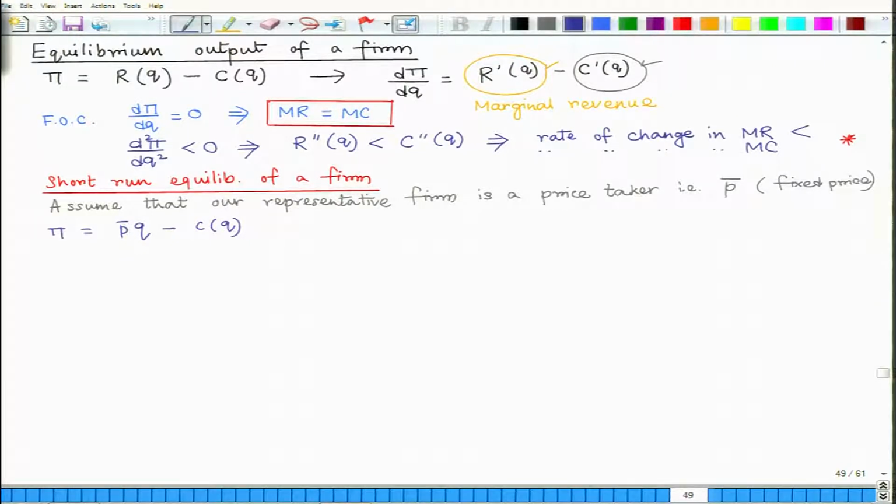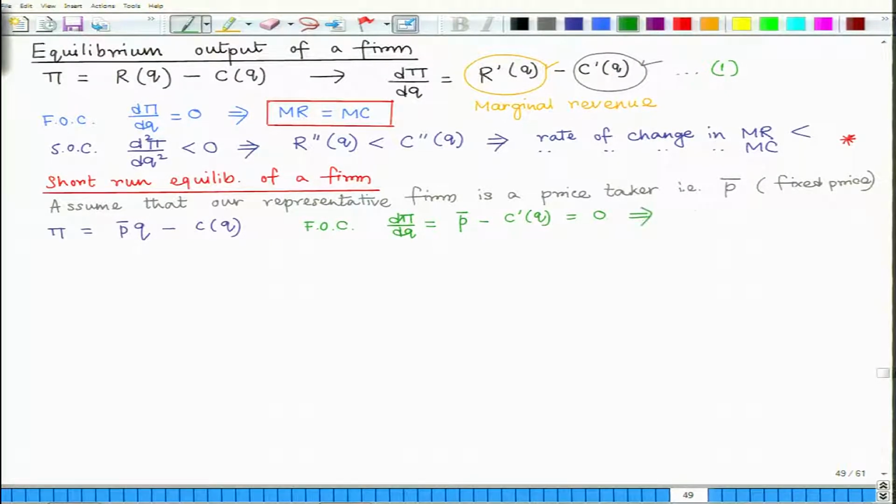Now, let us look at the first order and second order conditions in this case. We will revisit what we have done earlier. From equation number 1 we can see that we have P bar minus C prime Q, and we need to equate that to 0.